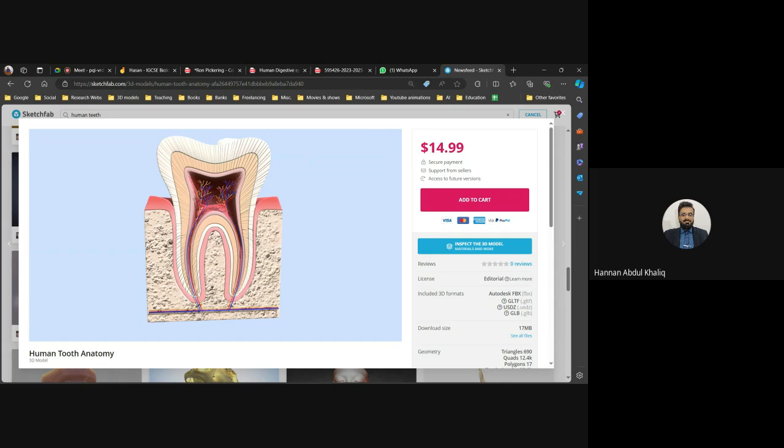But the problem is when the pH changes, it can literally get damaged, and when it gets damaged, there is going to be a problem.